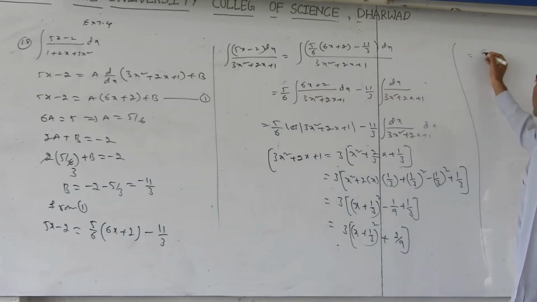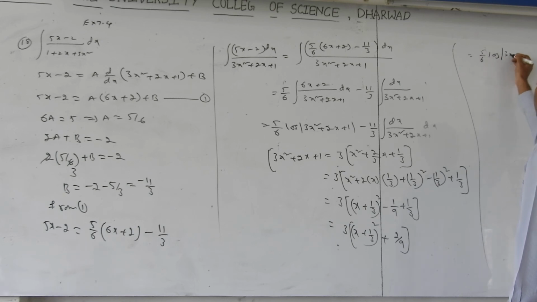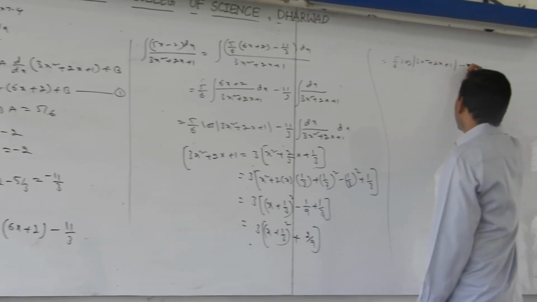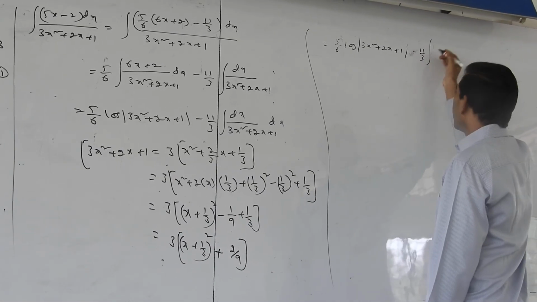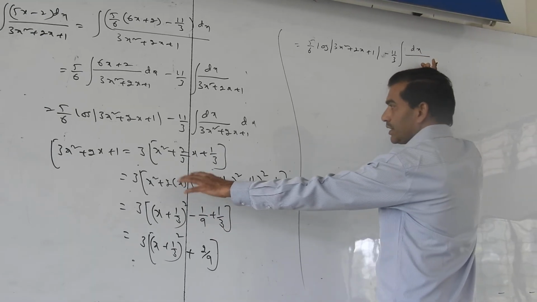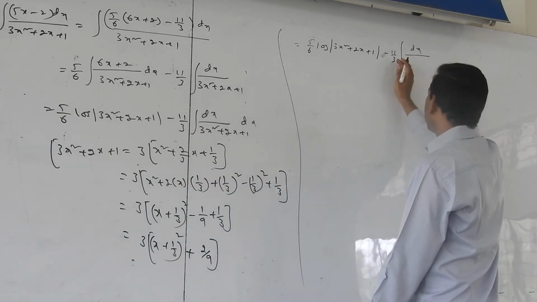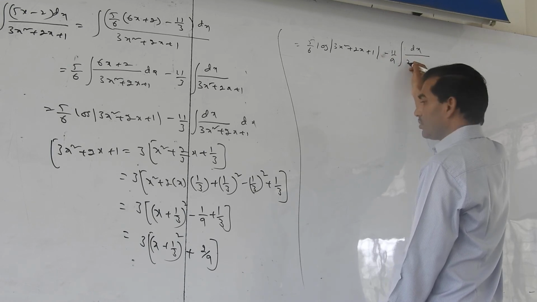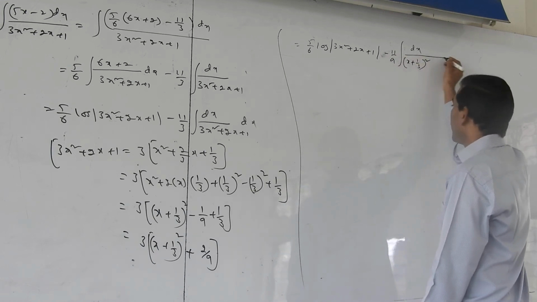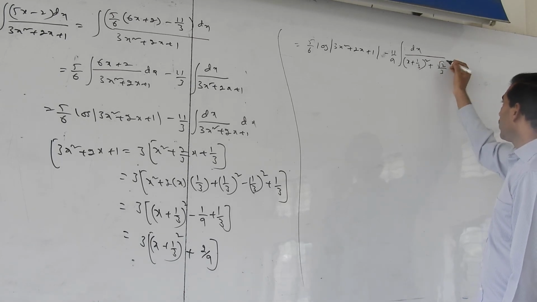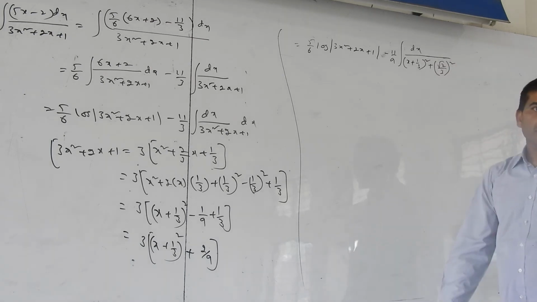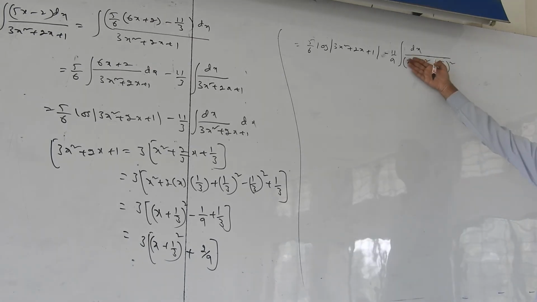So 5 by 6 log of 3x square plus 2x plus 1, minus 11 by 3 integration dx by 3 into x plus 1 by 3 whole square plus 2 by 9. Can I write this as root 2 by 3 whole square? Which form does it contain? X square plus a square. Formula: 1 by a tan inverse of x by a.